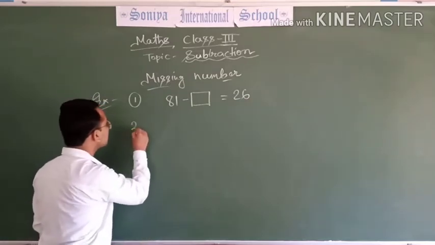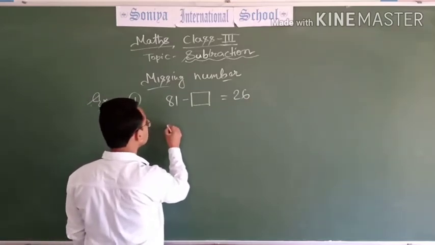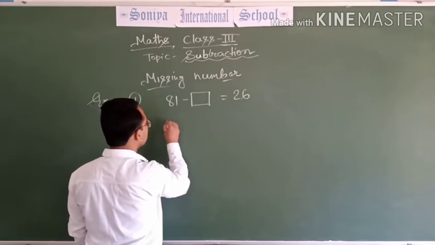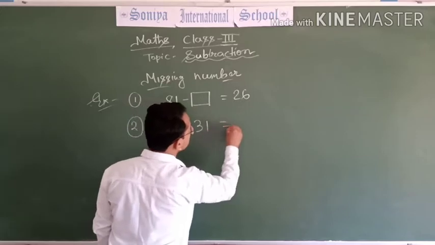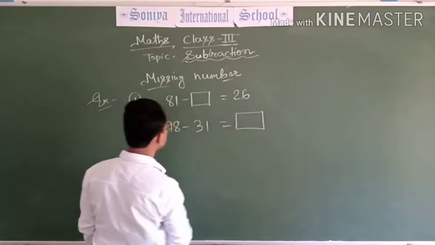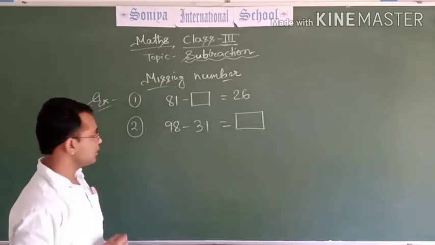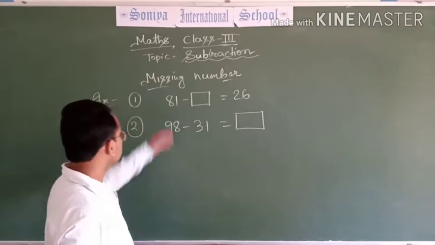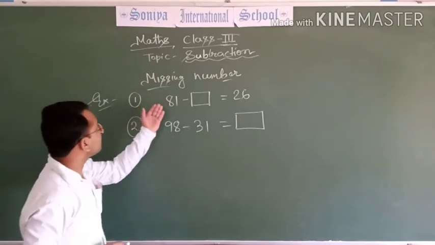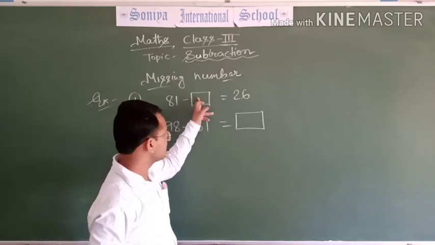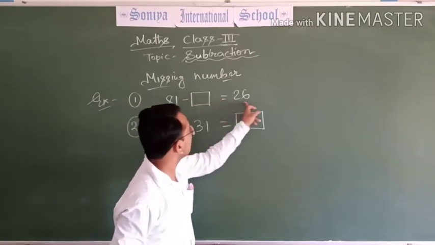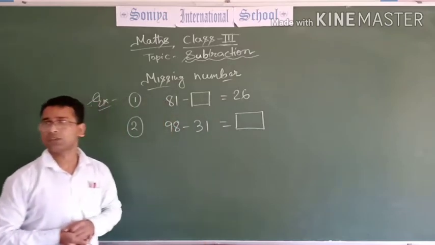And the second one, 98 minus 31 is equal to how many? So let's understand an example. First of all, 81 minus an empty box is equal to 26.